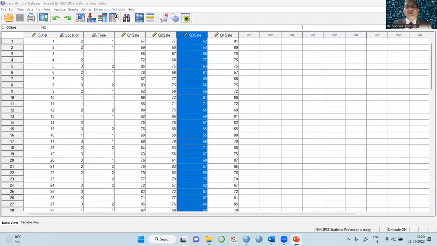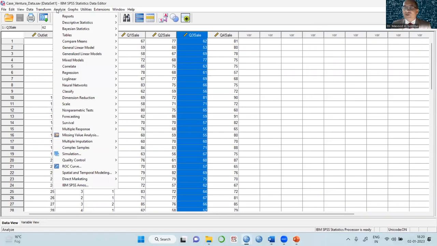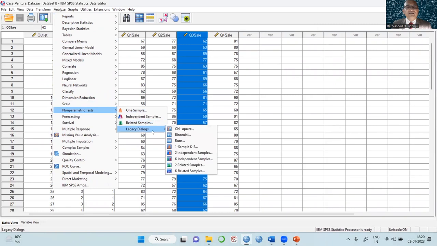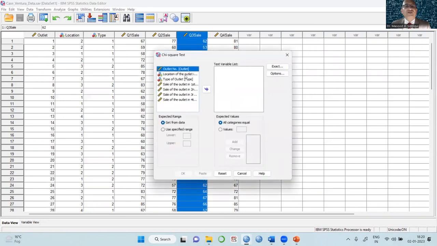So now the SPSS sheet is there. We go to Analyze, since all the tools are available under Analyze, then we go to the non-parametric part, then to legacy dialogs, and here we have the chi-square test. So what is our path? Analyze, non-parametric, legacy dialogs, chi-square test.